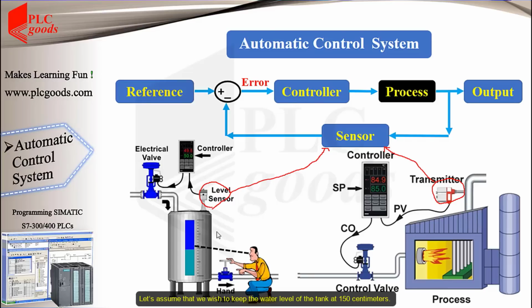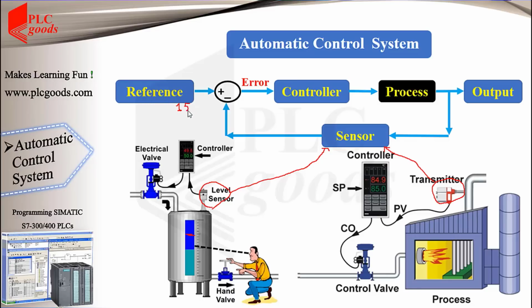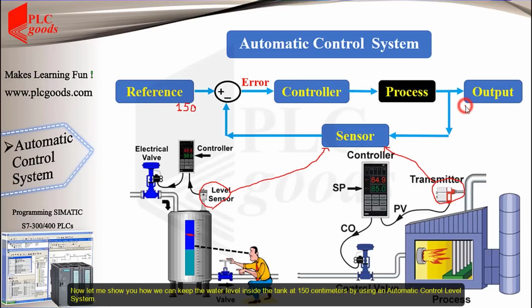Let's assume that we wish to keep the water level of the tank at 150 centimeters. Now, let me show you how we can keep the water level inside the tank at 150 centimeters by using an automatic level control system.